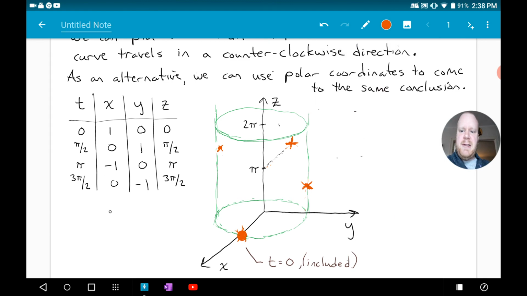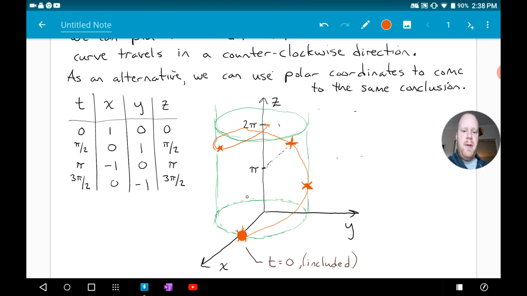This can be a little bit deceiving sometimes. It looks like from this that if you follow these points as t increases, it's going to be spiraling up in this direction, but this can be deceiving.